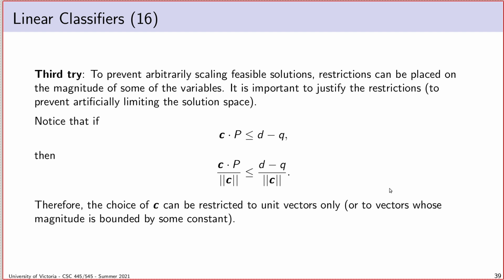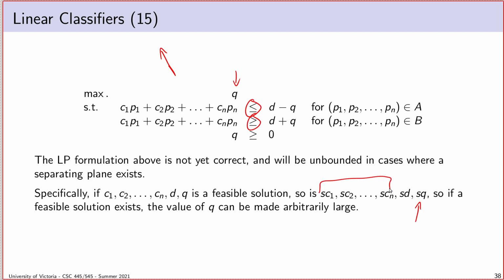It turns out that I can't really restrict the magnitude of Q or D. I don't want to restrict the magnitude of Q because I want to maximize Q. And I can't restrict D for a couple of other reasons. But I can restrict the magnitude of my vector C, of all these coefficients C1 to Cn. And if I do that, that will be enough to stop me from scaling an entire feasible solution. I'm only allowed to scale my feasible solution if I apply the same scale factor to literally everything. So if I restrict any of these variables, that'll be enough to stop the problem from going to infinity.